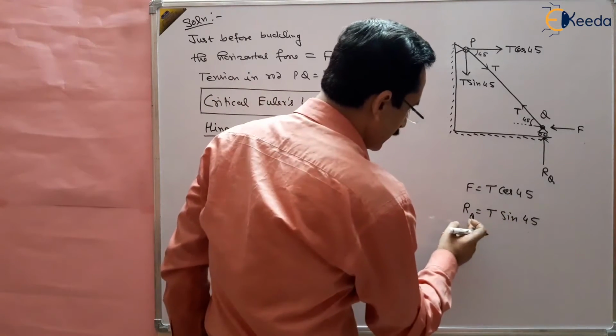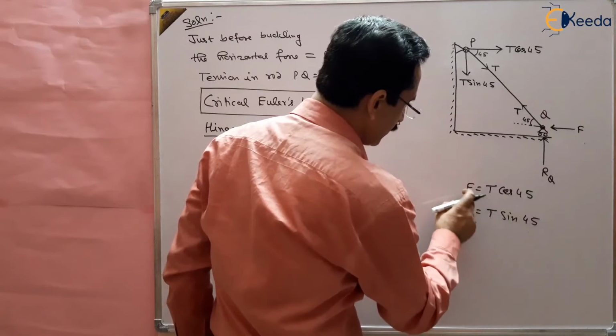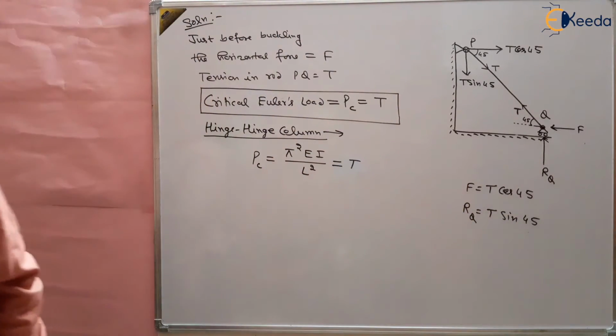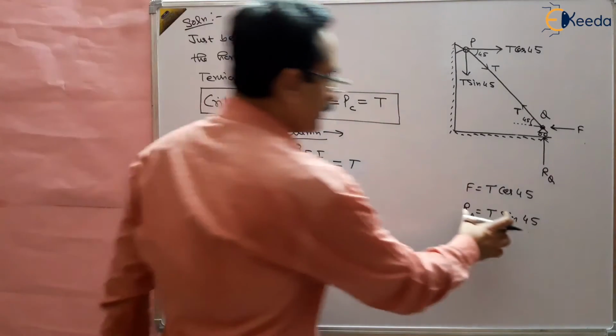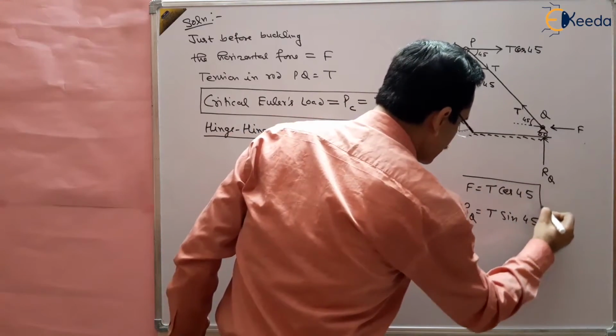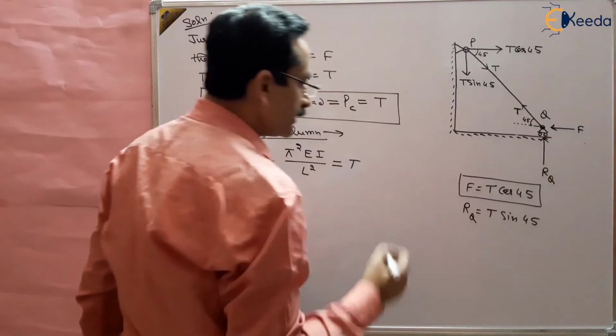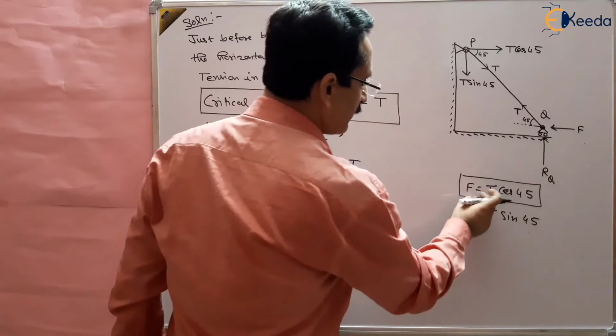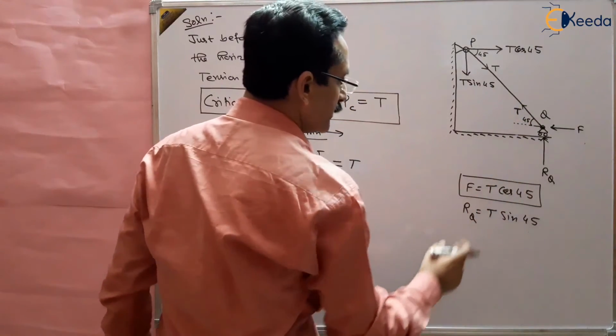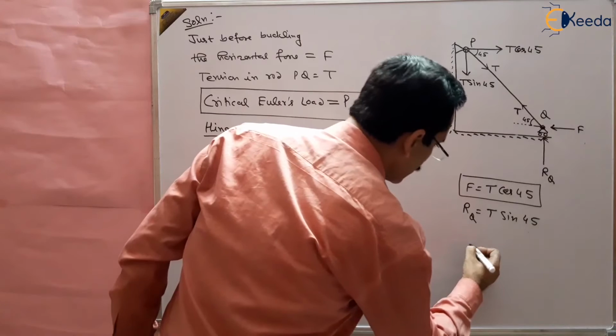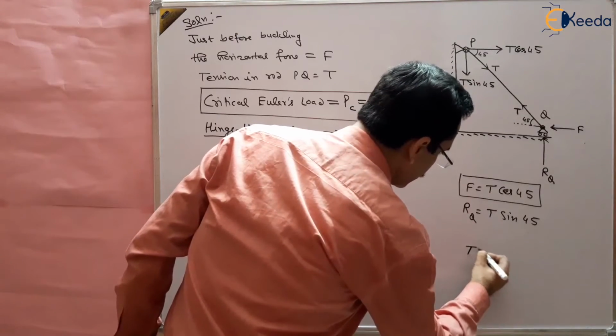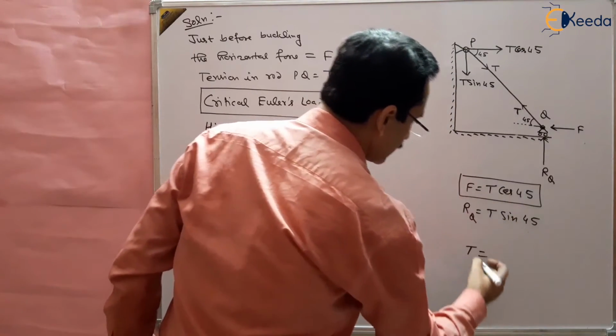We are not required to find RQ, because we have to find F. What we need is the relation between F and T, which is F equal to T cos 45, or T equal to F by cos 45.